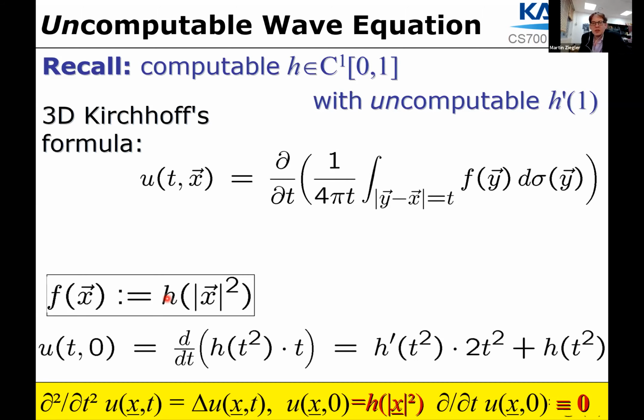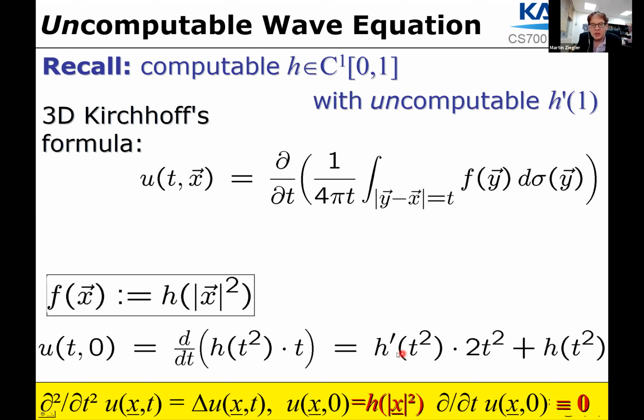And then in this case, Kirchhoff's formula simplifies drastically to this expression, which already demonstrates that the solution here consumes one derivative of the initial condition, right? So when we had h as initial condition, then h enters into the solution's value at the spatial origin 0 over time.